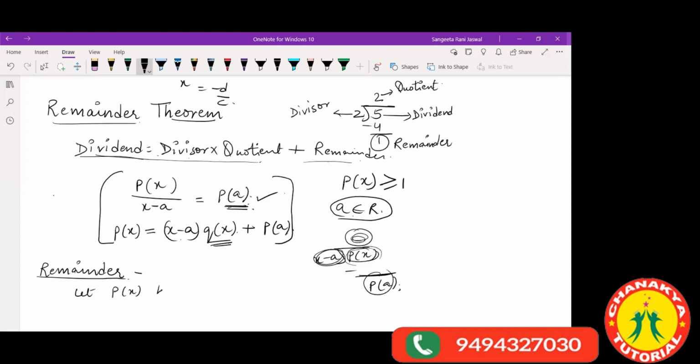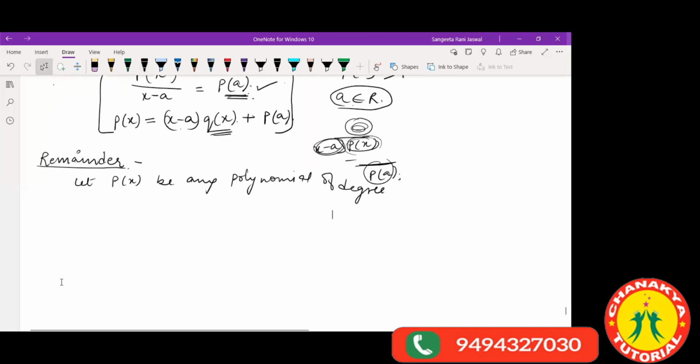Let p(x) be any polynomial of degree greater than or equal to 1 and let a be any real number.